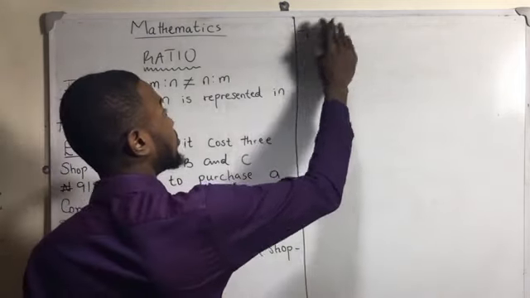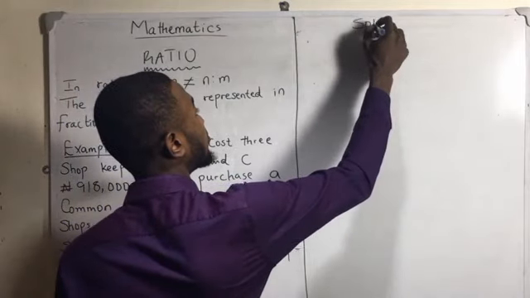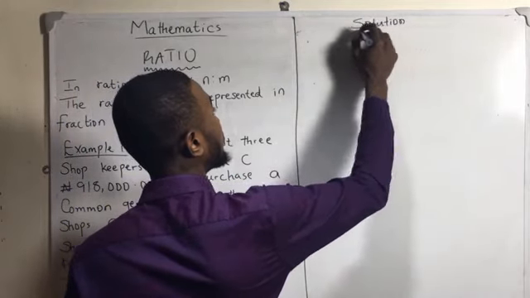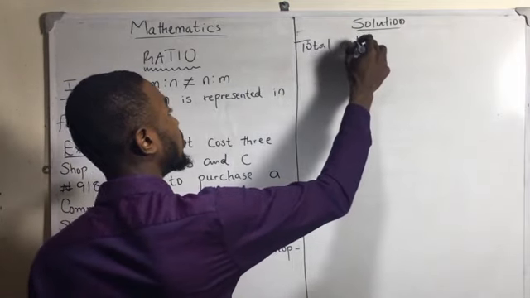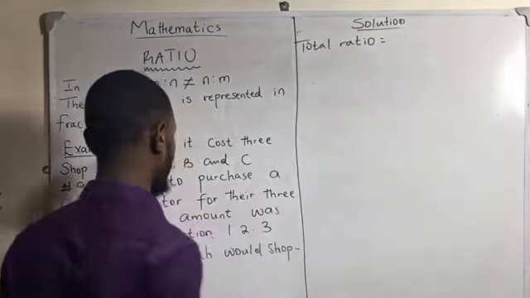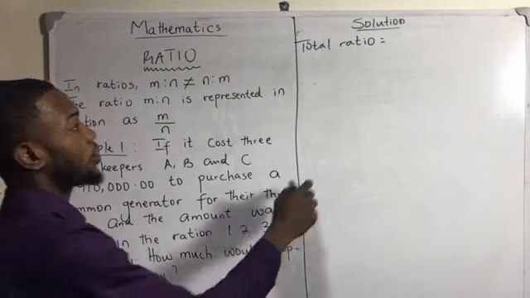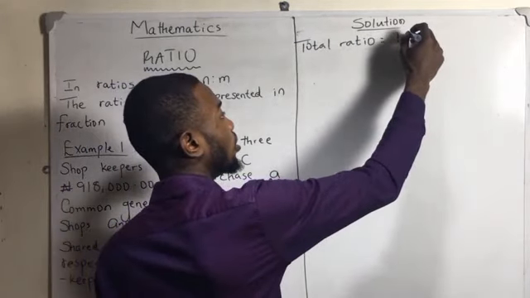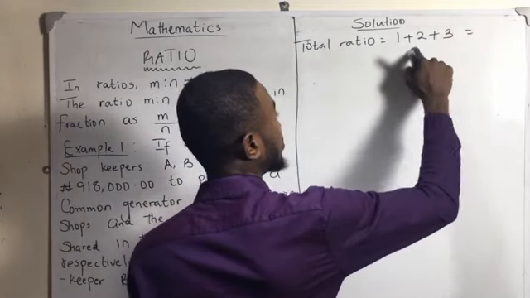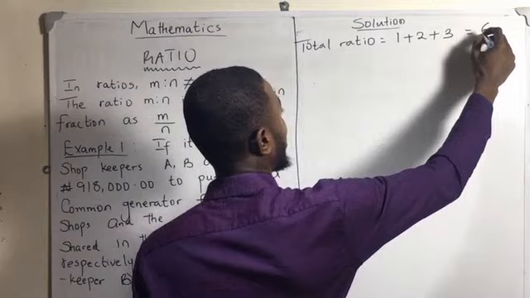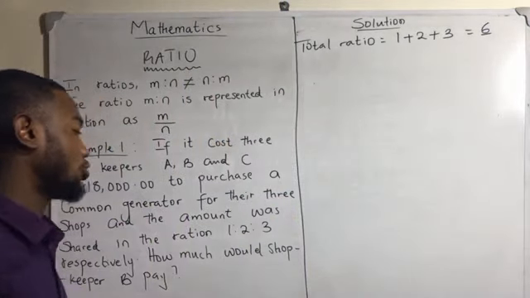Solution to the problem. We have our total ratio 1, 2, 3. So we are going to have 1 plus 2 plus 3, and that's going to give 6, which is the total ratio.